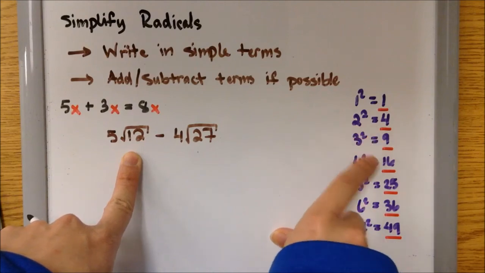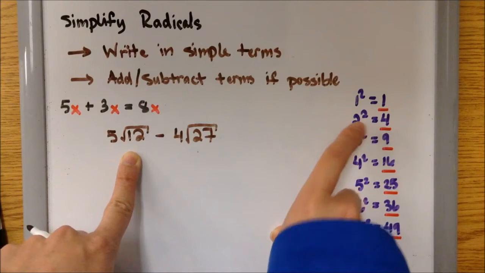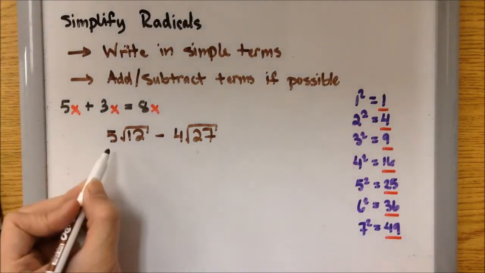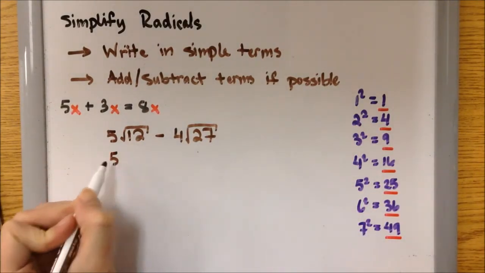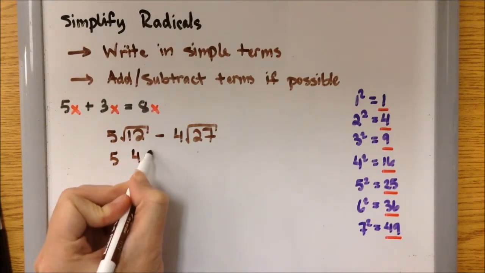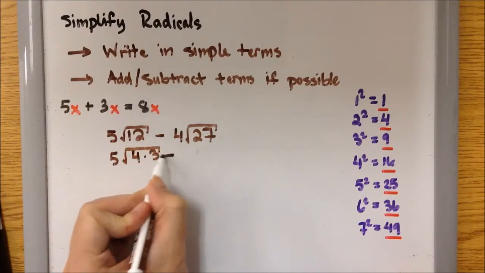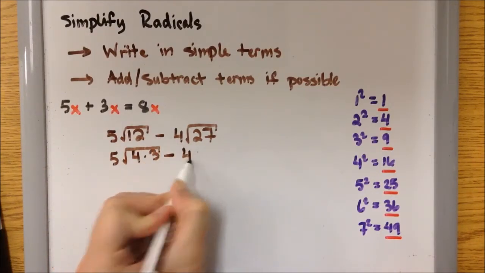I can't use 9. 16 is too high for 12, so 4 is a perfect factor. So I'm bringing down the 5. Break the 12 into two factors, so 4 times 3. Bring down the minus. Bring down the 4.